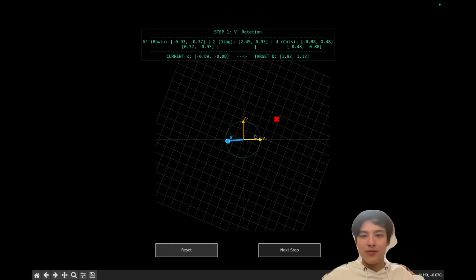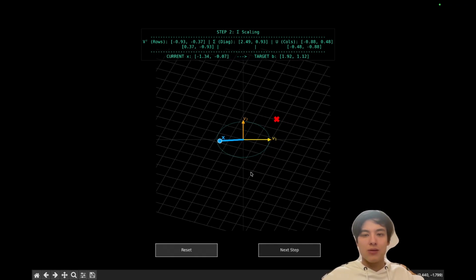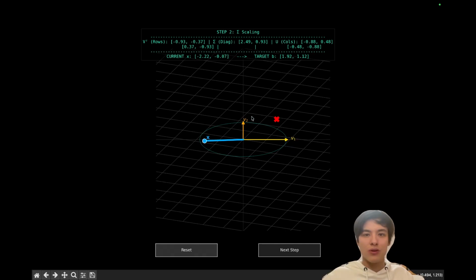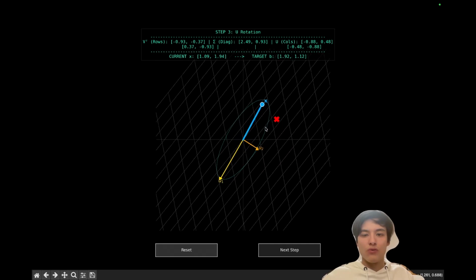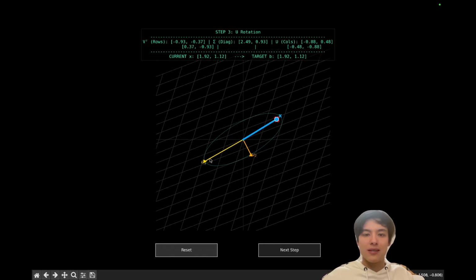So we see V1 and V2 are aligned. So this is what best describes our input space. And the next, we scale it with the two singular values. And then we rotate to the best basis that describes the output space. And then we can see we arrived at our B.